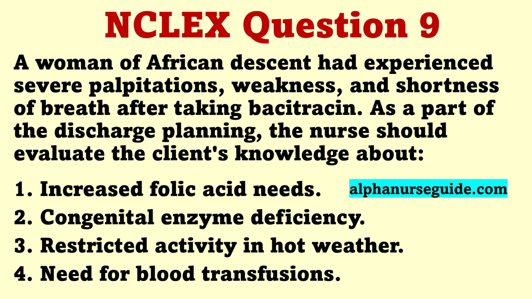The reaction is self-limited as soon as the causative agent is withheld. No further treatment is necessary except counseling to prevent acute incidents by avoiding exposure to specific drugs. There is no need for increased folic acid, restricted activity in hot weather, or blood transfusions.